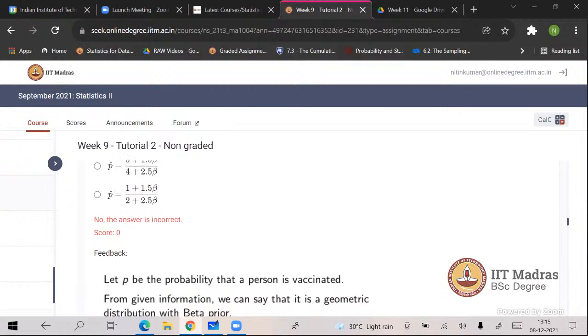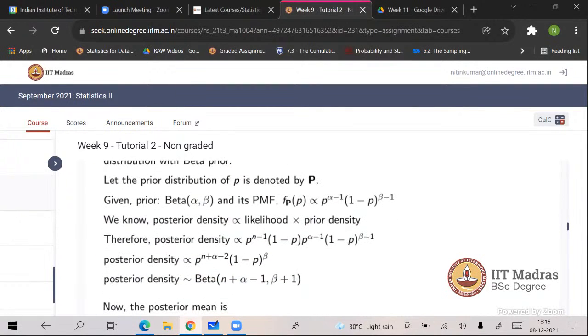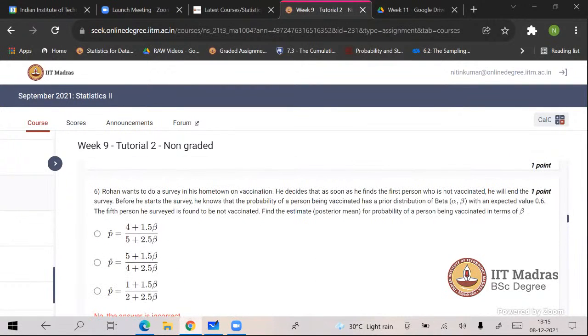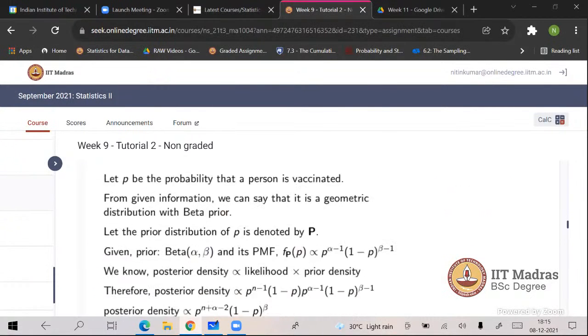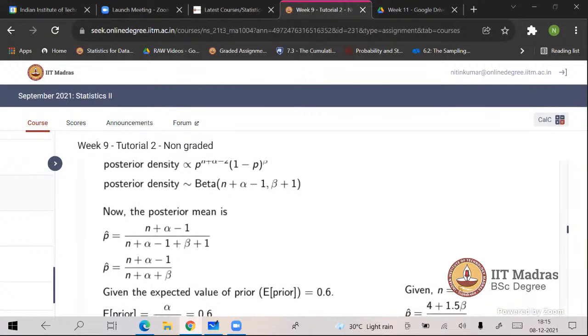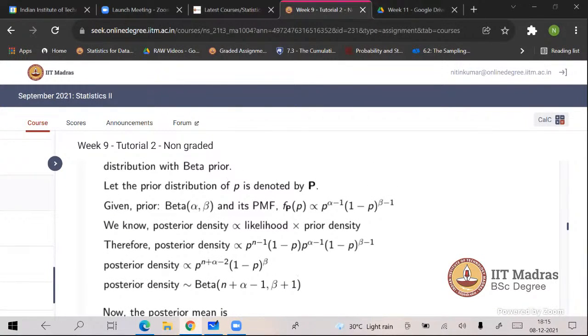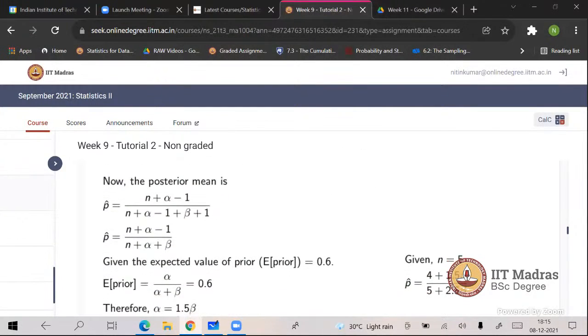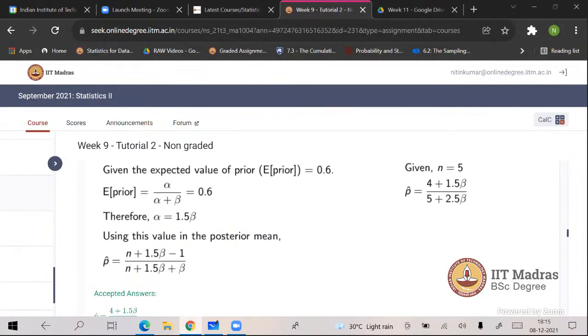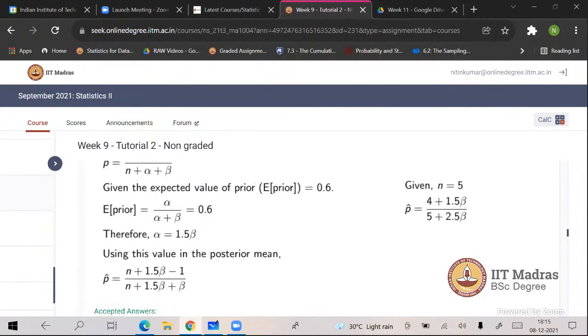The fifth person he has surveyed is found not to be vaccinated, right? Not found to be not vaccinated. So this is your one sample, and what will be your likelihood in this case? So the likelihood will be P raised to power 4, and P. You have only one sample.